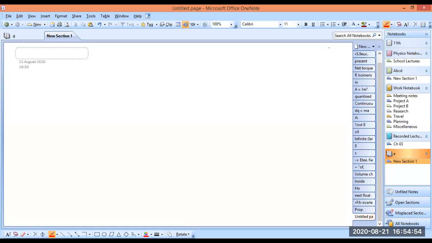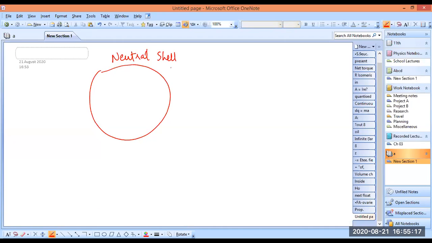Okay, we have one more question. If a positive point charge is brought near a metal shell, will it get charged uniformly or not? Suppose this is a neutral shell or sphere, and here we bring a point charge close to it.